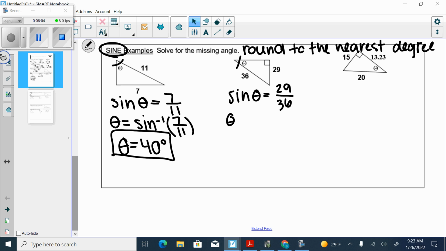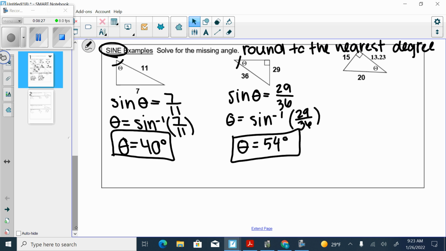So theta would be equal to inverse of our ratio. Alright, and what do we get on that one? 54, very good. So theta in this problem is 54 degrees. Make sure you do put that degree sign because we are referencing an angle, right?